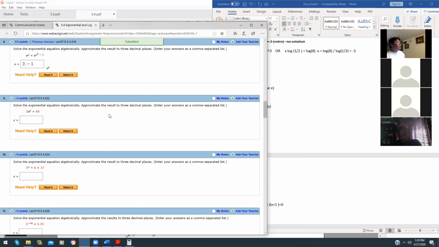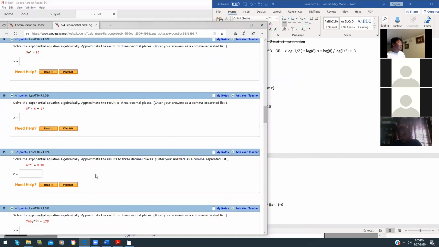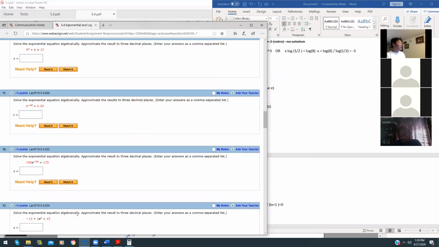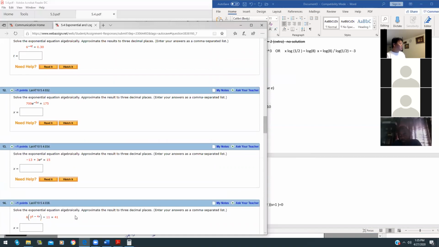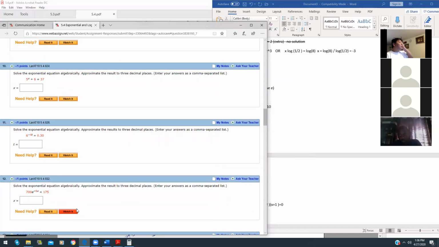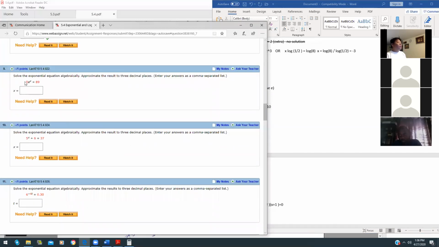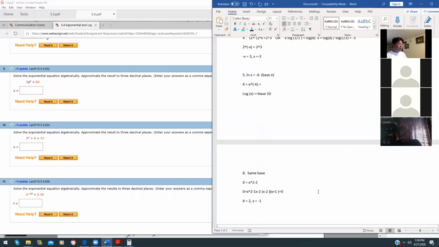Next we have questions 9, 10, 11, 12, 13 and 14. All these questions are different from the previous ones because your exponent is not by itself.